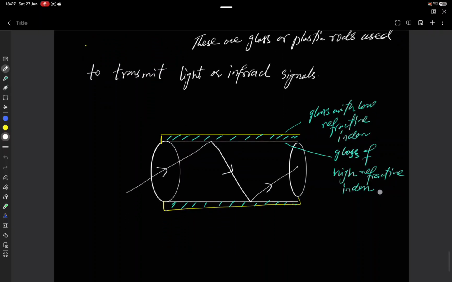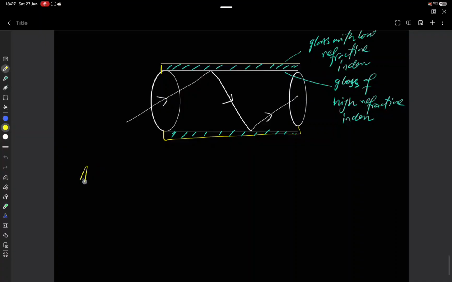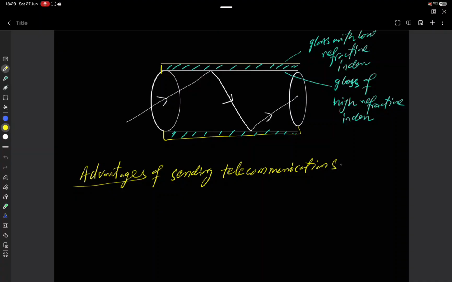through total internal reflection. Advantages of sending telecommunication signals. Now what are the advantages?